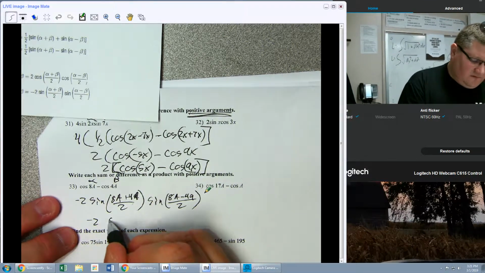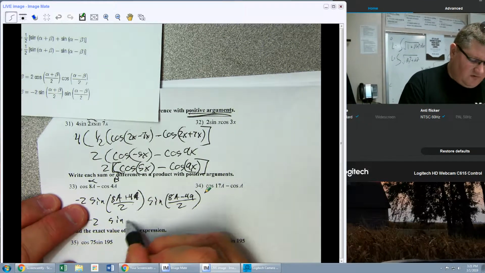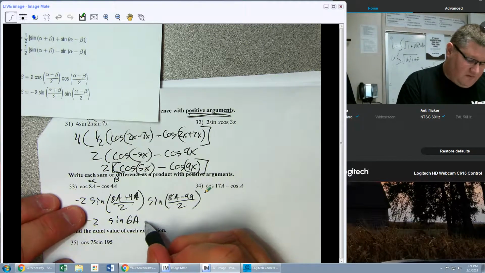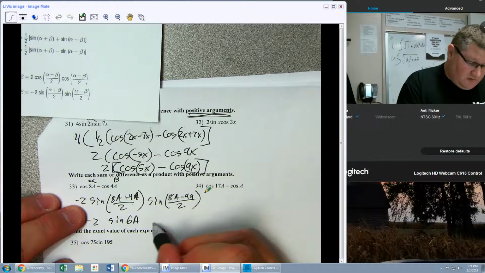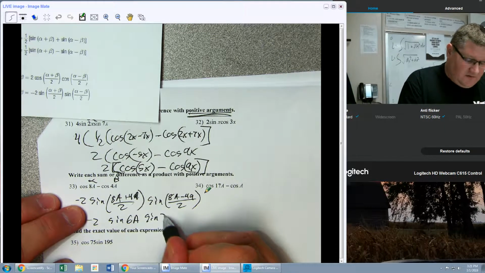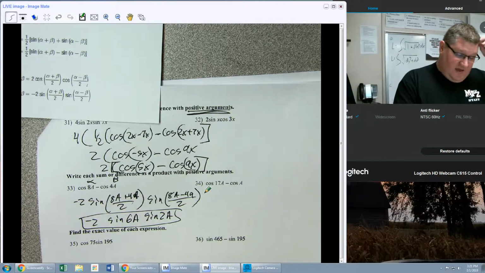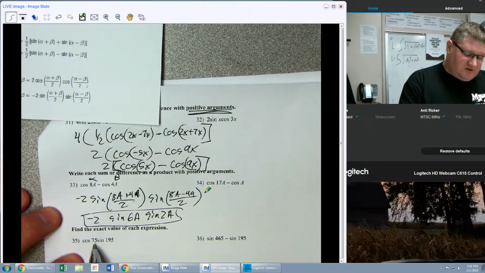So I get -2 sine of, that'd be 12. 12 over 2 is 6a. 8 minus 4 is 4. 4 divided by 2 is 2. Sine 2a. There you go. Okay. With that, we have find the exact value of the expression here.